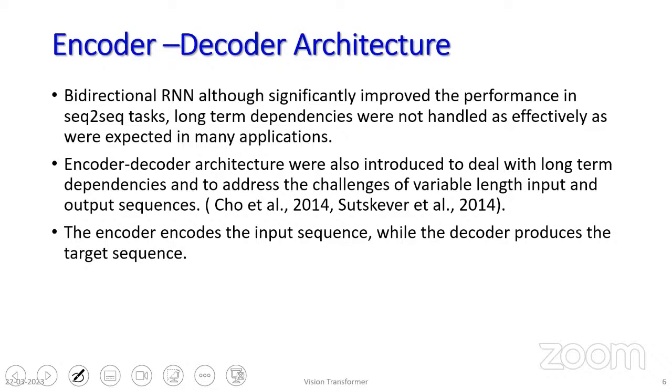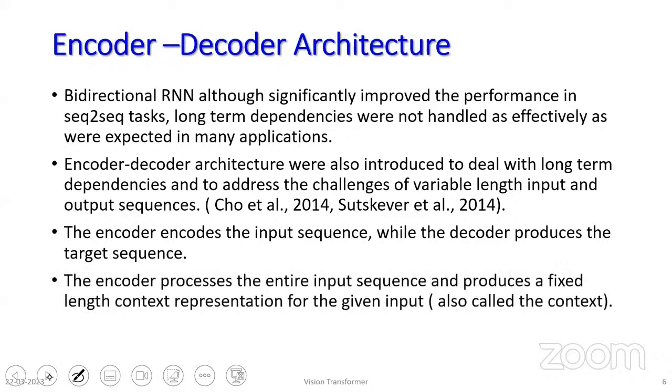The target sequence is what we expect. It can be a Hindi translation of an English sentence, or a French translation, or an image caption from a single input image of size, say, 256 by 256. I wish to have a caption.